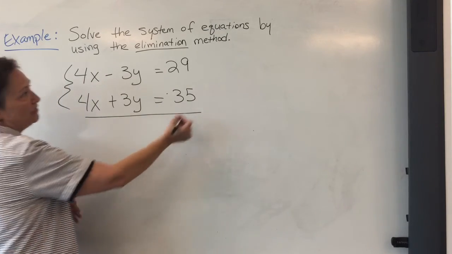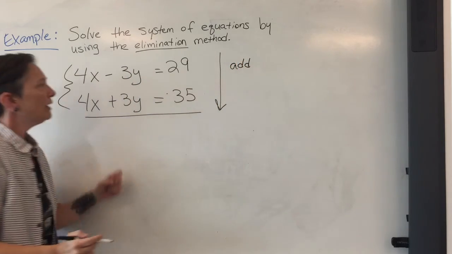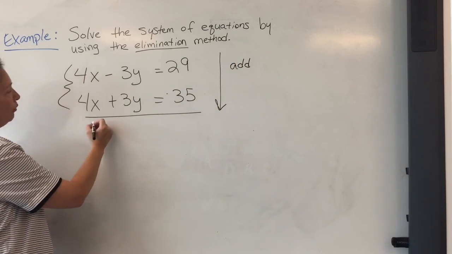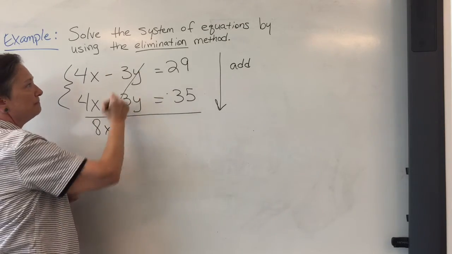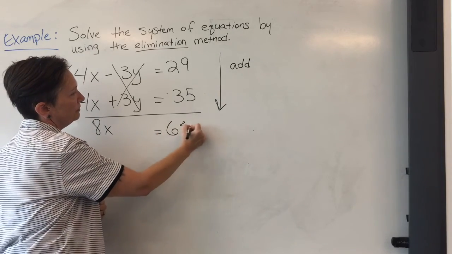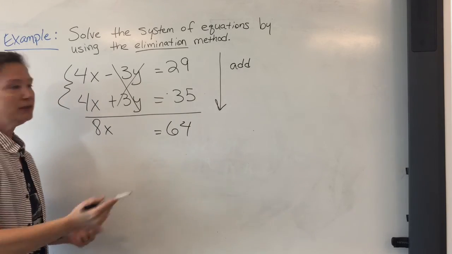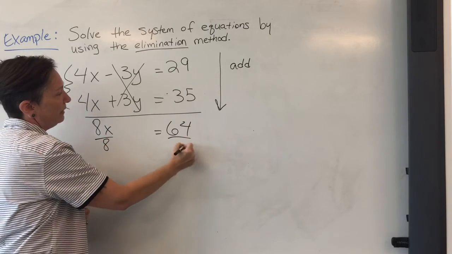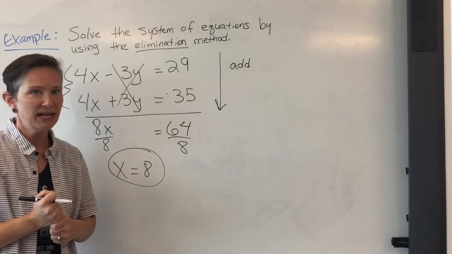So if I were to add straight down, what I get is 4x plus 4x is 8x, negative 3y plus 3y, those are 0, and then equals 29 plus 35 is 64. Now I can solve this for x, so I divide by 8 on both sides, and I get a value of x equals 8.